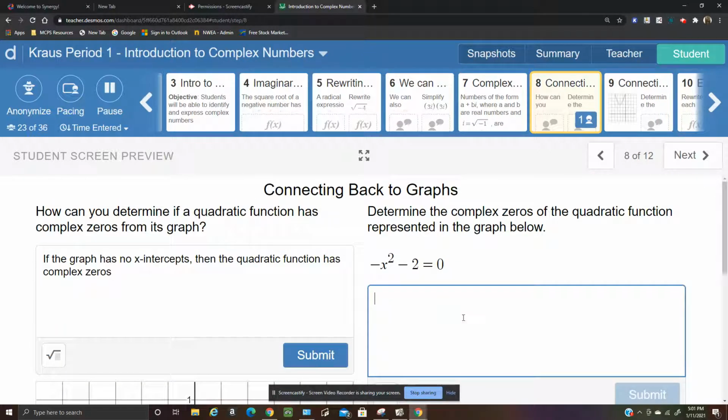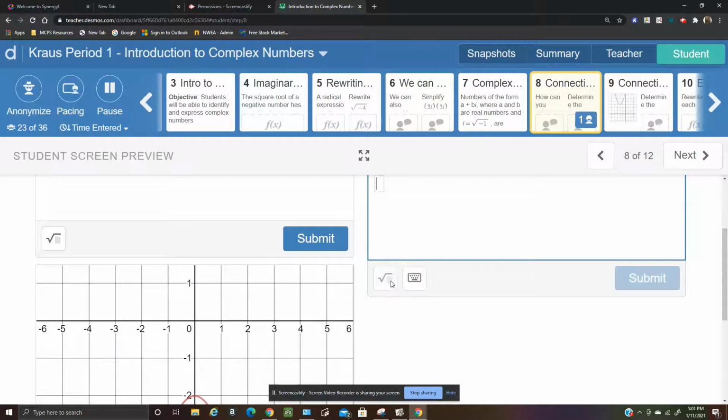If I solve this equation, then negative x squared is equal to 2, and then divide both sides by negative 1. So x squared equals negative 2. Then take the square root of both sides. x equals plus or minus square root of negative 2.